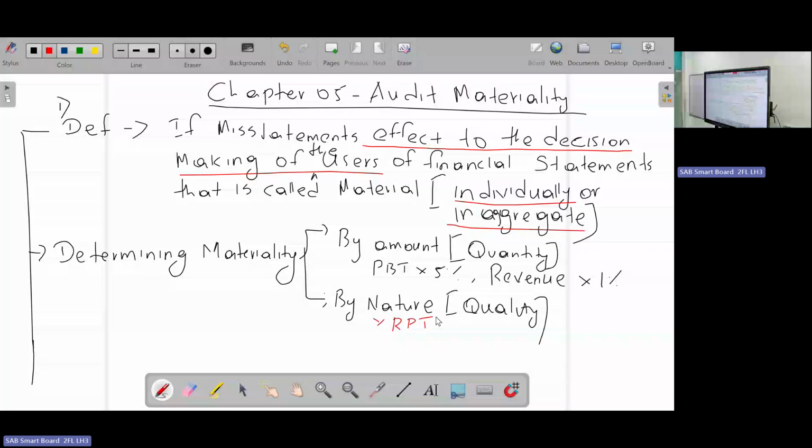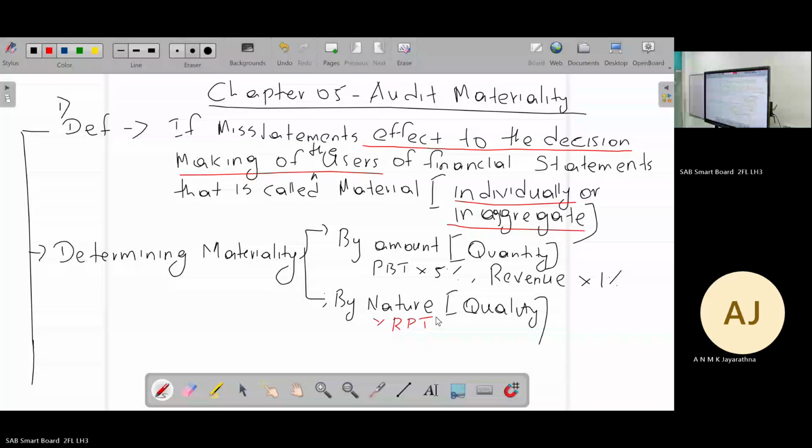So now you will transfer the money to another bank. So the decision making is affected. You have changed your decision: I am going to withdraw the money from this bank and deposit it in another. This is a liquidity problem. The 50,000 withdrawal, the liquidity problem, changed the decision. So that is material.